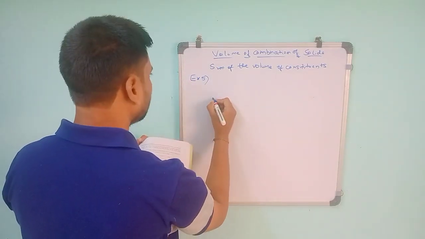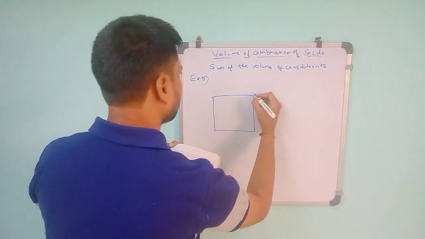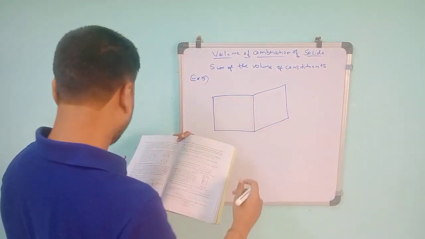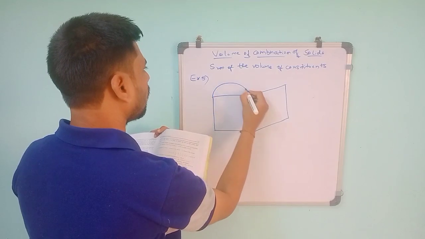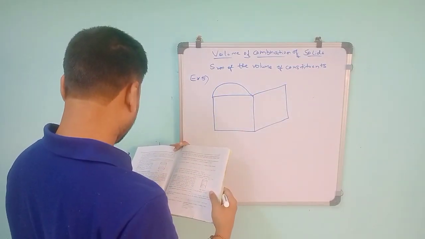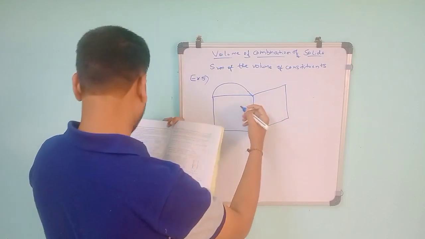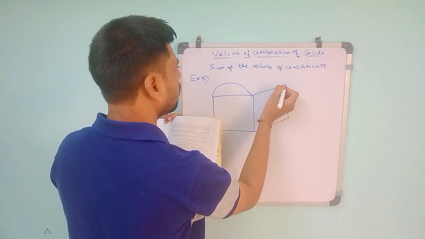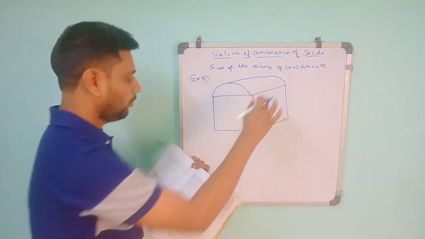So, this is the cuboid, surmounted by a half cylinder.